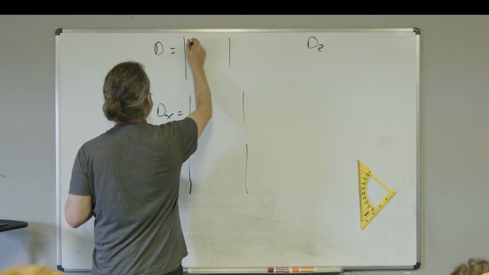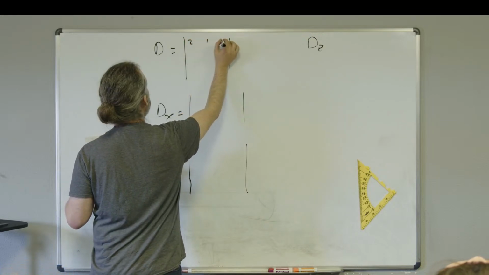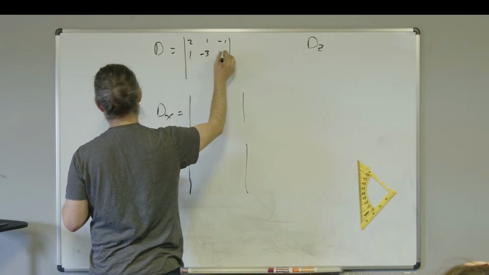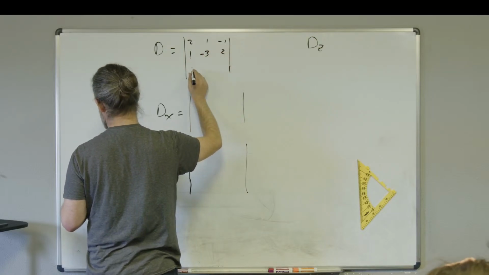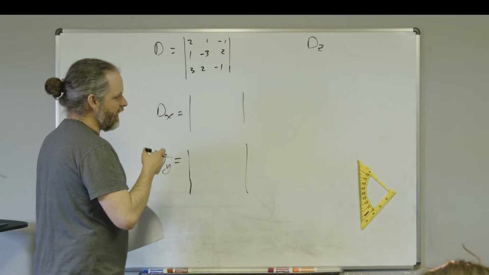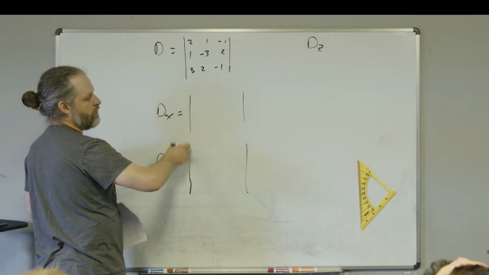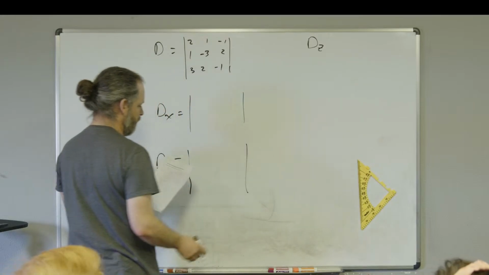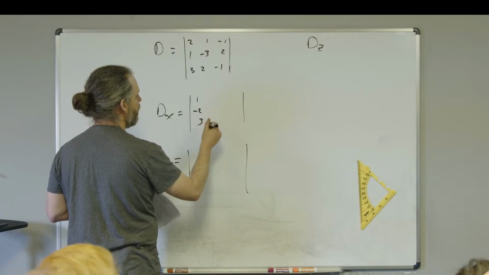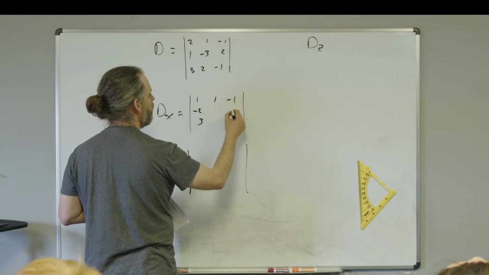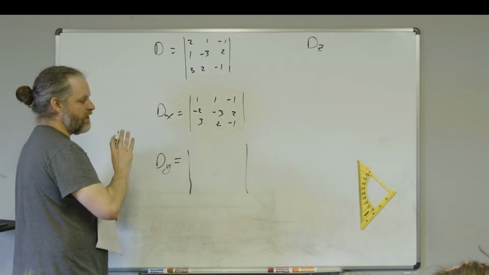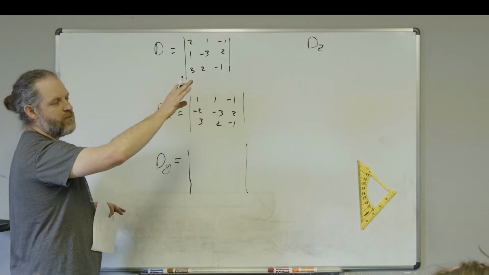So it's 2, 1, negative 1, 1, negative 3, 2, 3, 2, negative 1. And to do the x one, you just replace the x column with the ones that are by themselves. So the x column would be 1, negative 2, 3, and then everything else remains the same. And then you do that for the y one and for the z one as well, right?